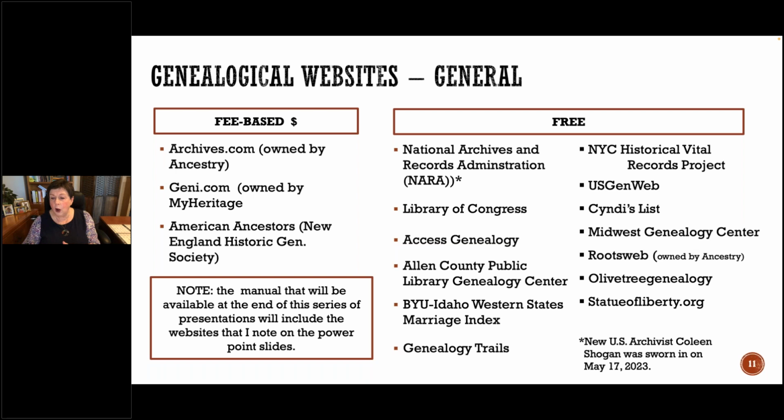On the right are popular free genealogical websites for general research. I mentioned two last week: the National Archives and the Library of Congress, both in Washington, D.C. Of course, they're excellent for in-person research. They're phenomenal repositories, but they both have collections that are digitized and available online.